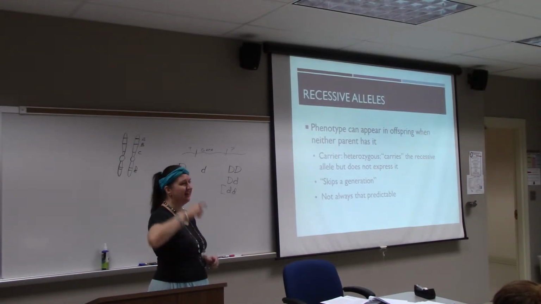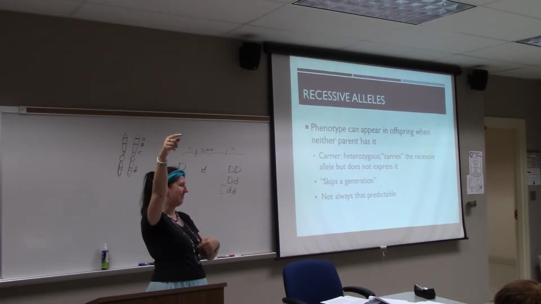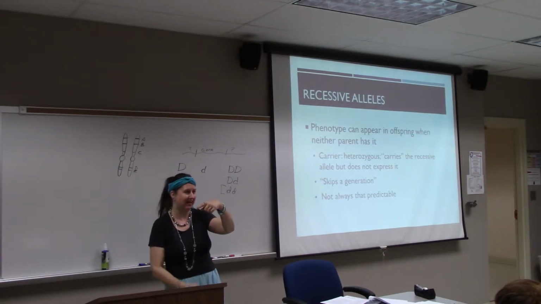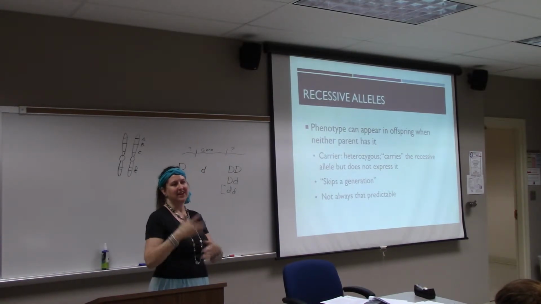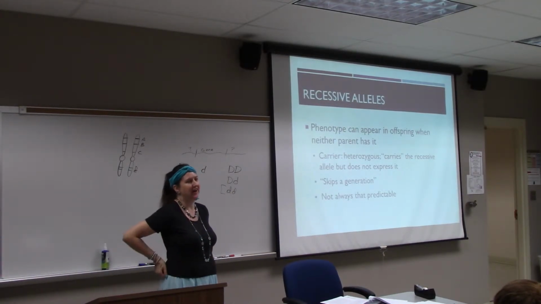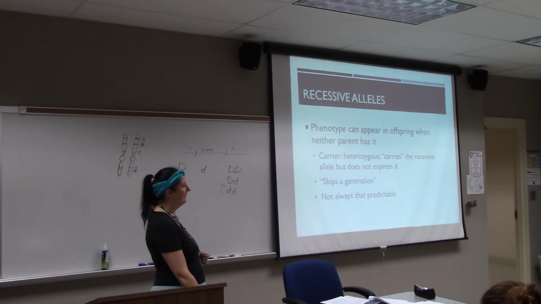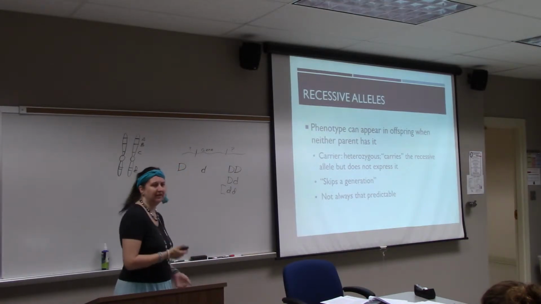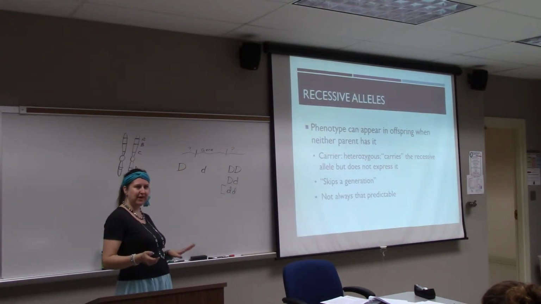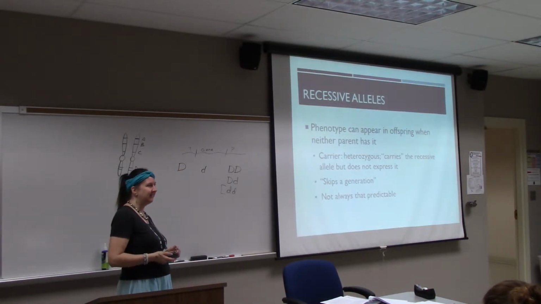It's not like grandparent and grandchild have it, and then that one's grandchildren have it, and the ones in between don't. It can turn up in any generation as long as the allele is still there on both sides. Dominant and recessive making sense? Okay.